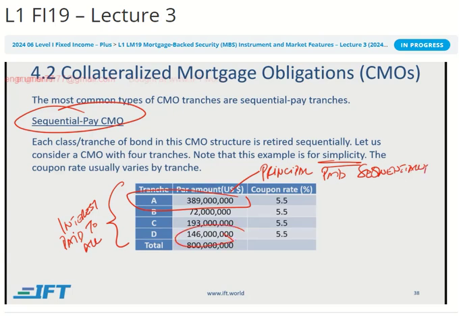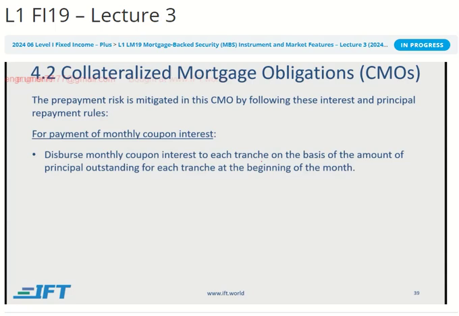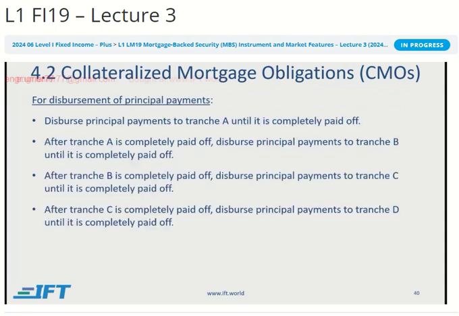So D has highest expansion risk, and your A has highest contraction risk. So this is basically a sequential pay CMO. And interest, of course, is paid to all based on whatever percentage of coupon you have agreed to pay them multiplied with the outstanding amount.